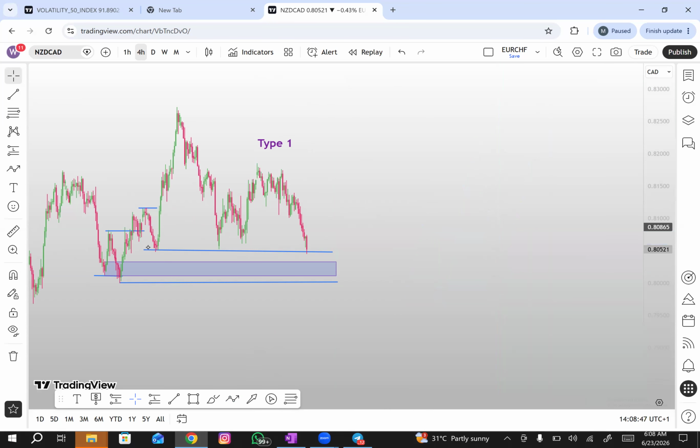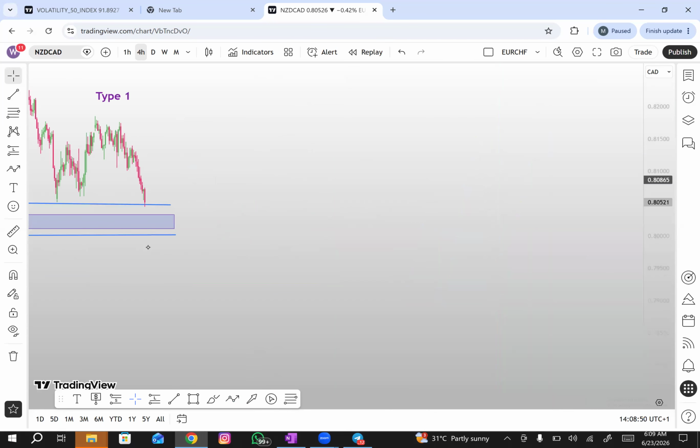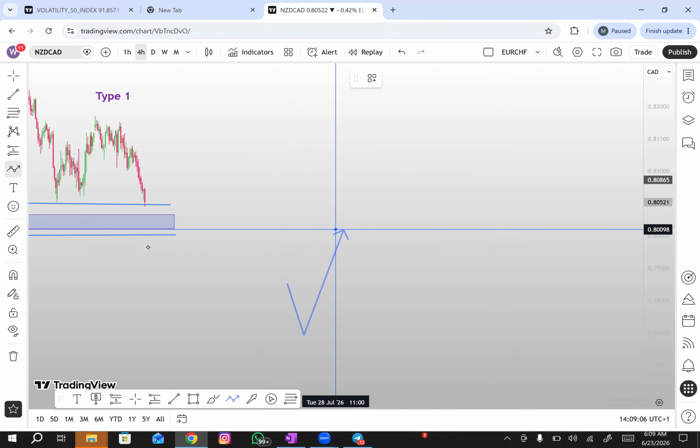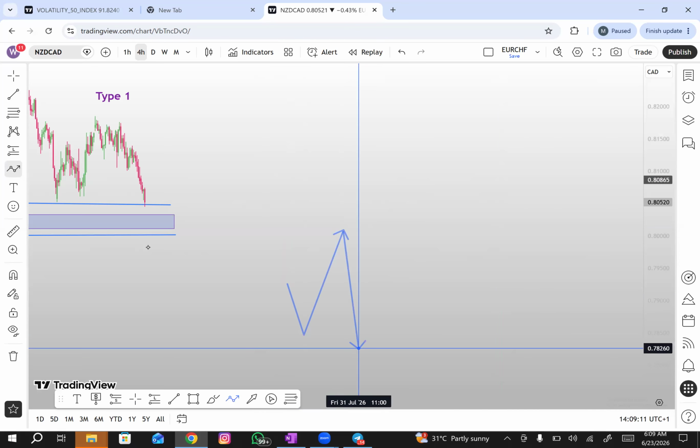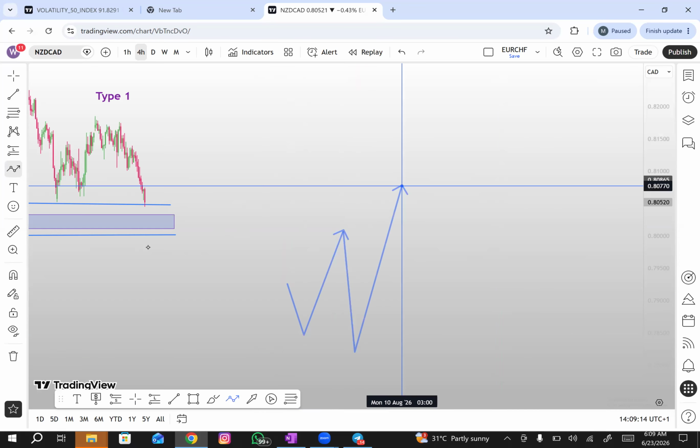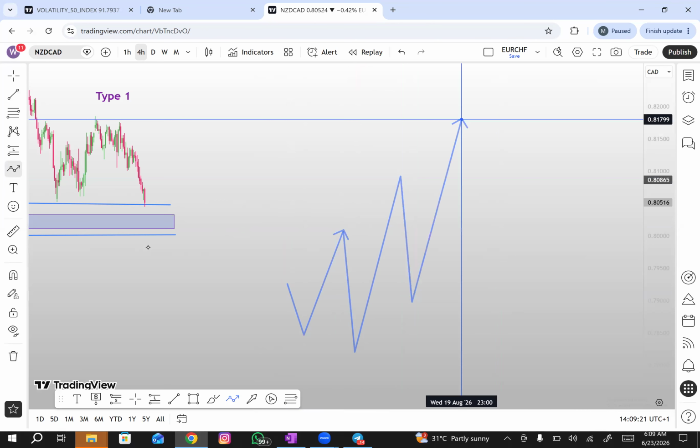So let me remind us again about our goal. The first thing is to look out for the algo market structure, which is a basic market structure like this, and then price comes to sweep, gives us a break, gives us a structural liquidity, gives us another break.